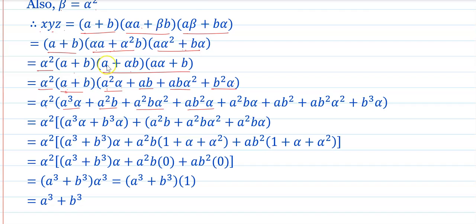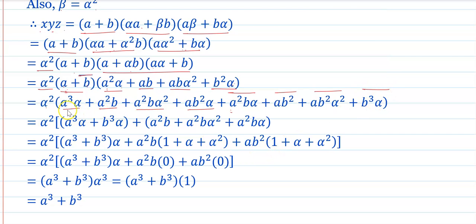Now multiply by b. b into a square alpha, you will get a square b alpha. Next, b into ab, you will get ab square. b into ab alpha square, then you will get ab square alpha square. Next is b into b square alpha, you will get b cube alpha.